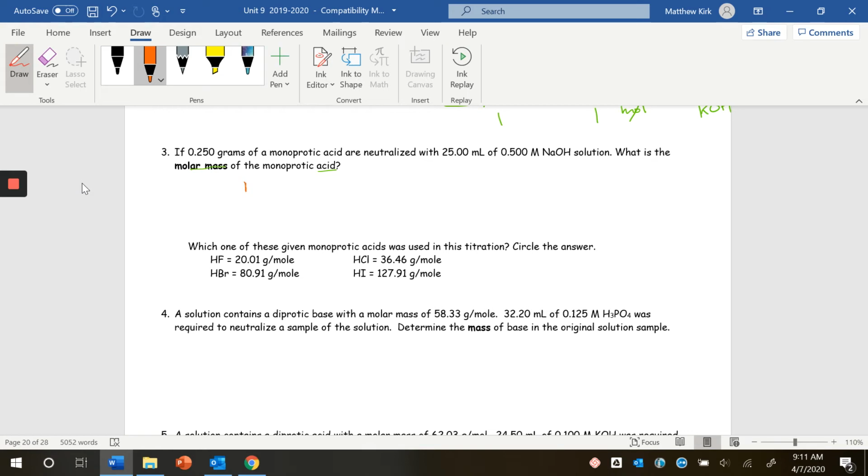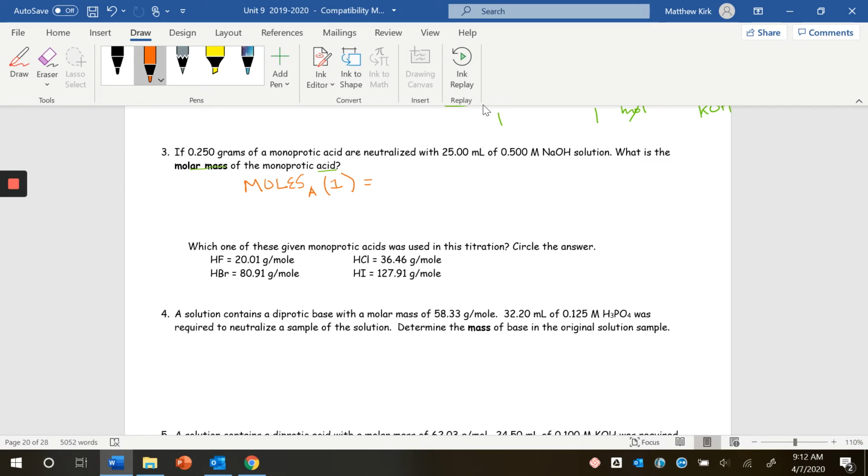I'm going to plug in moles, but I still need my equivalents. It's monoprotic, so E would be 1. And then I'm still going to do MEV for my base. Remember, when we do this substitution, we only plug in moles for molarity and volume on the side we're looking for, and we're looking for the acid.